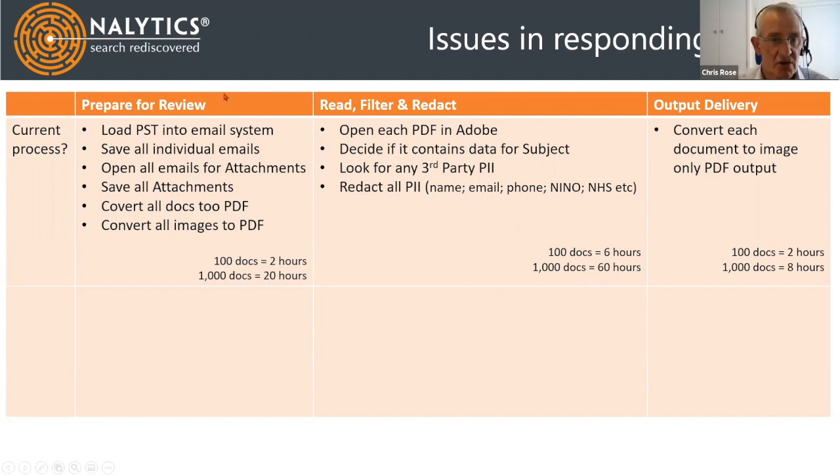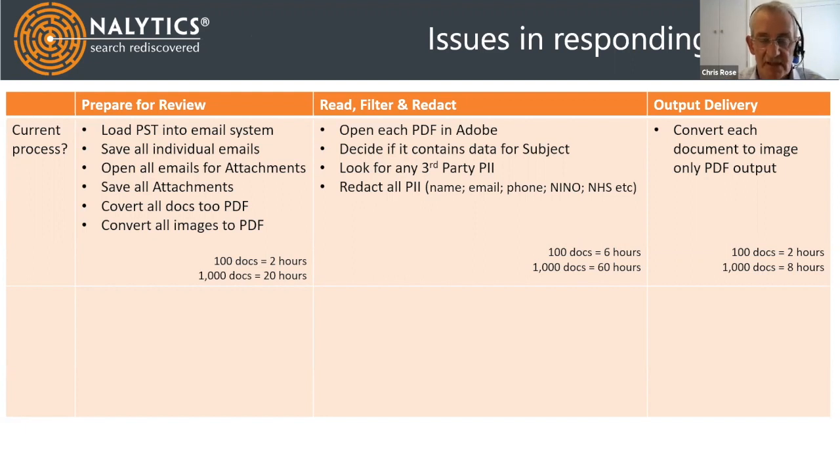Once you've got your source data, you then have to go through and open each one of those documents, read them, see if they've actually got data that's pertinent, or remove it from your list.